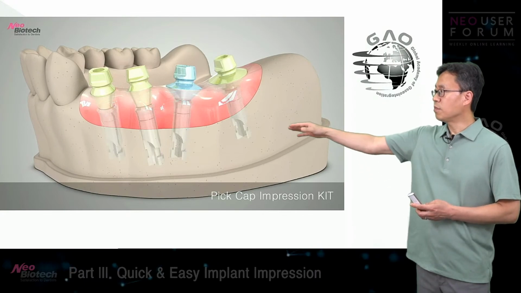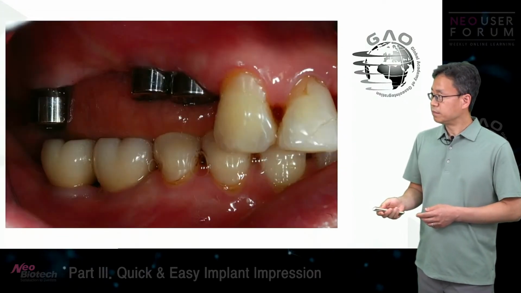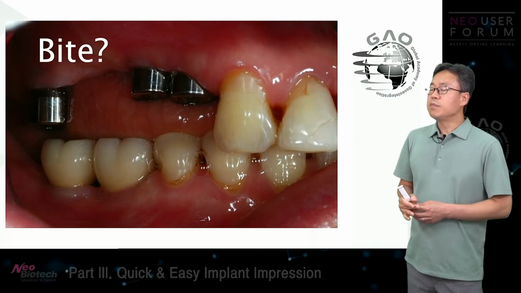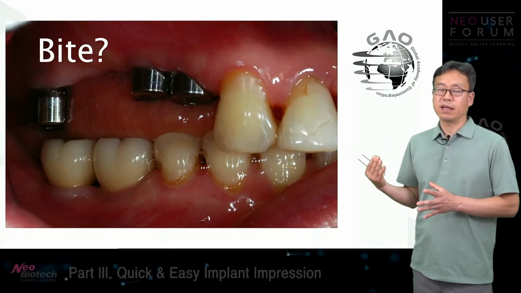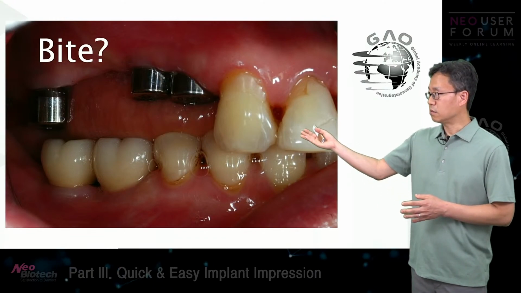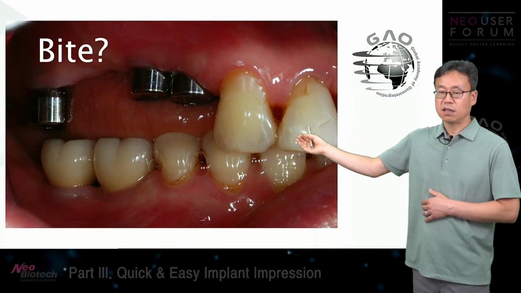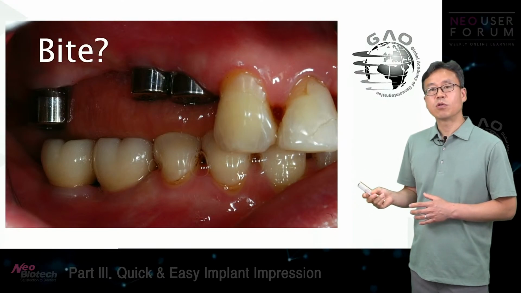Once those impression bodies are connected, let me ask you how you take a bite for a unilateral implant case, like in this case. Numbers 14, 15, and 17 are missing, so I placed 3 implants to restore 4 teeth.